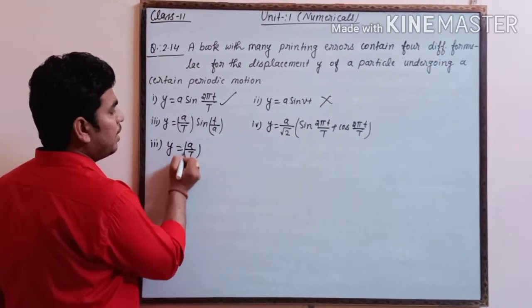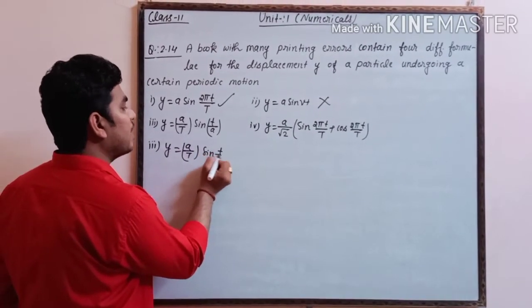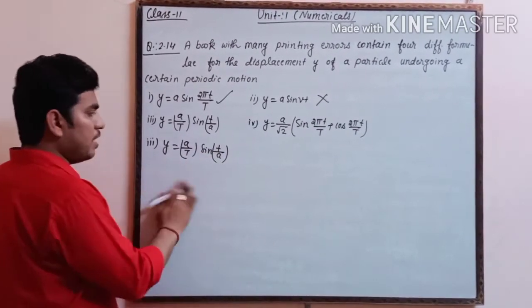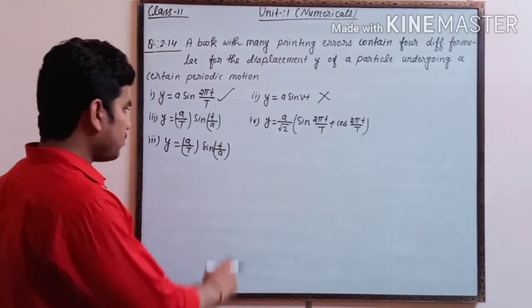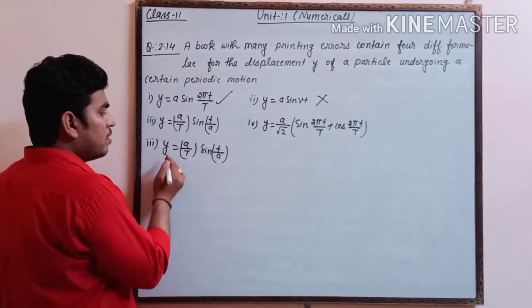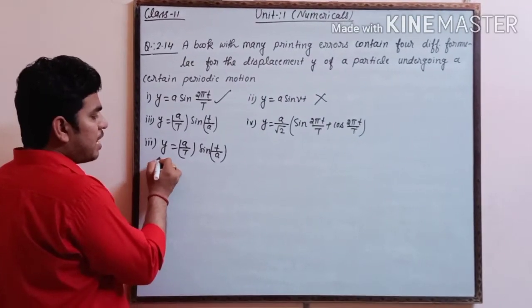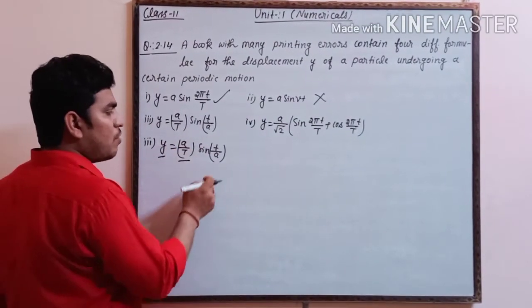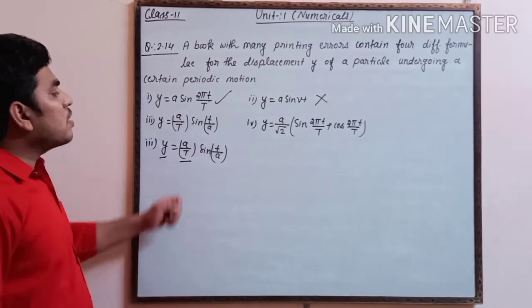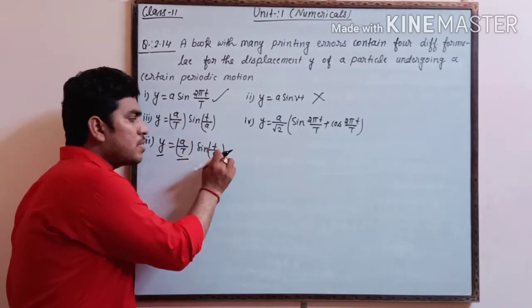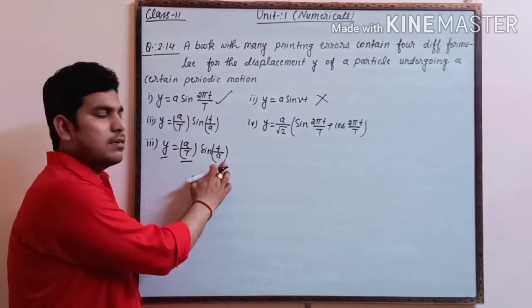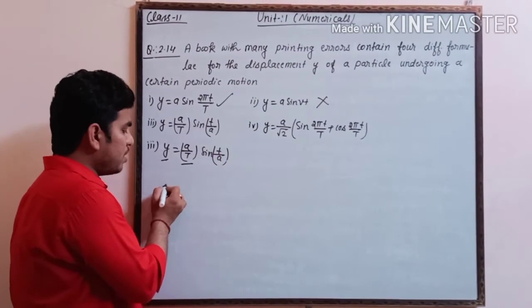नाउ लेट्स चेक द थर्ड वन इज y is equal to a upon t and sin t upon a, ठीक है। डायमेंशन ऑफ LHS is L, a upon t we can calculate, but the equation will be correct if this term is a dimensionless quantity, because angle is a dimensionless quantity.